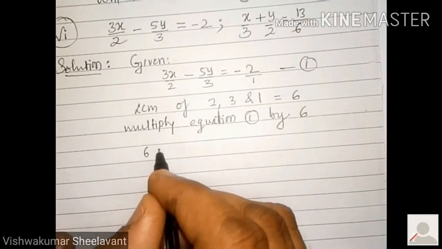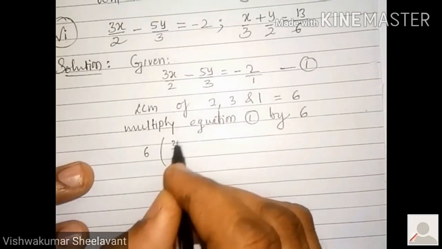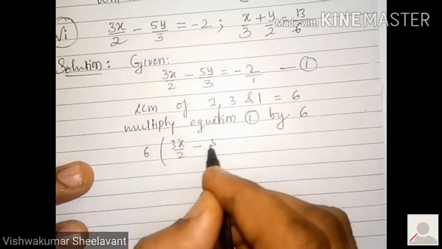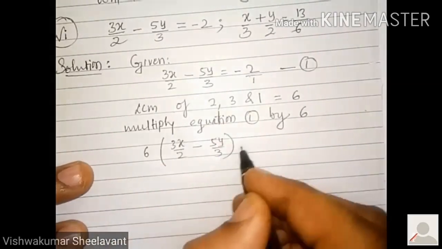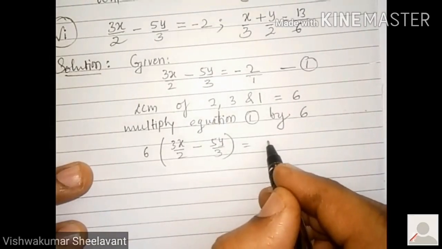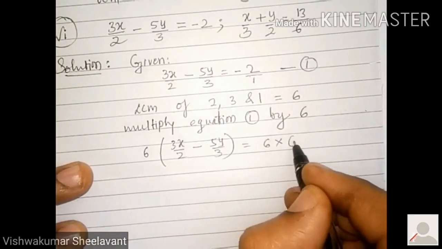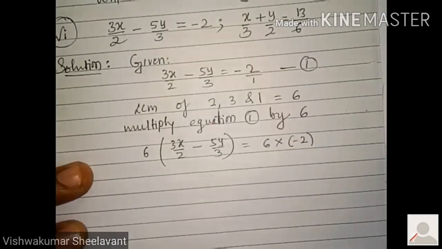So 6 into the bracket 3x by 2 minus 5y by 3 equal to 6 into minus 2.